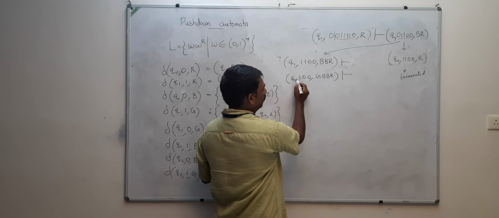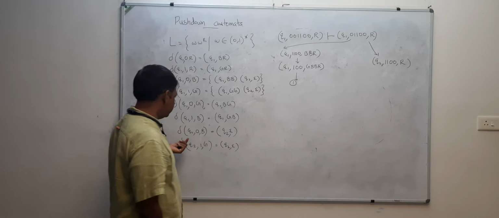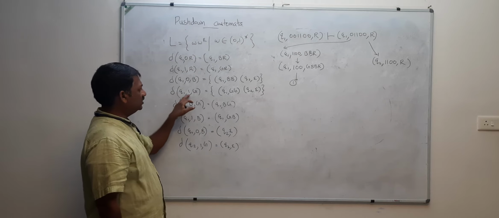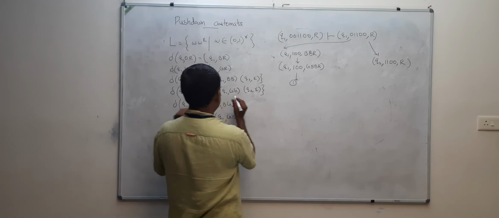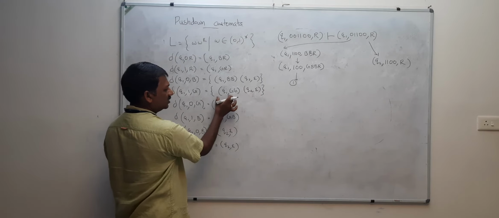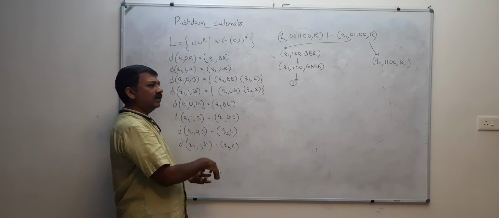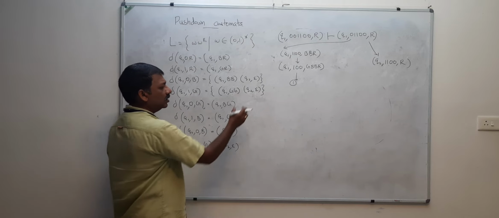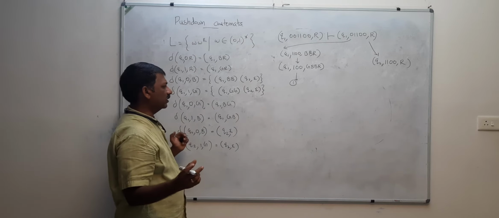Now what will happen? Q1 on 1 and green is Q1 1G. Q1 1G, you have two directions. One direction is in this direction and the other is this direction. That means it is either going to add a green plate or it is removing a green plate.